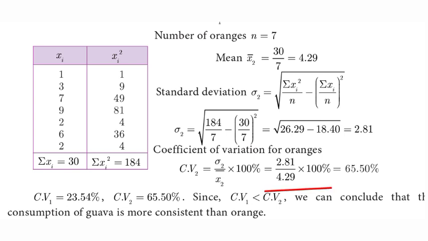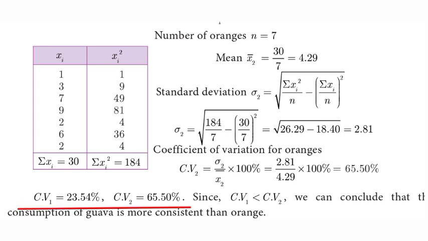Now simplify 2.81 divided by 4.29 into 100, and we get the answer 65.50 percentage. That is the coefficient of variation for oranges, 65.50.